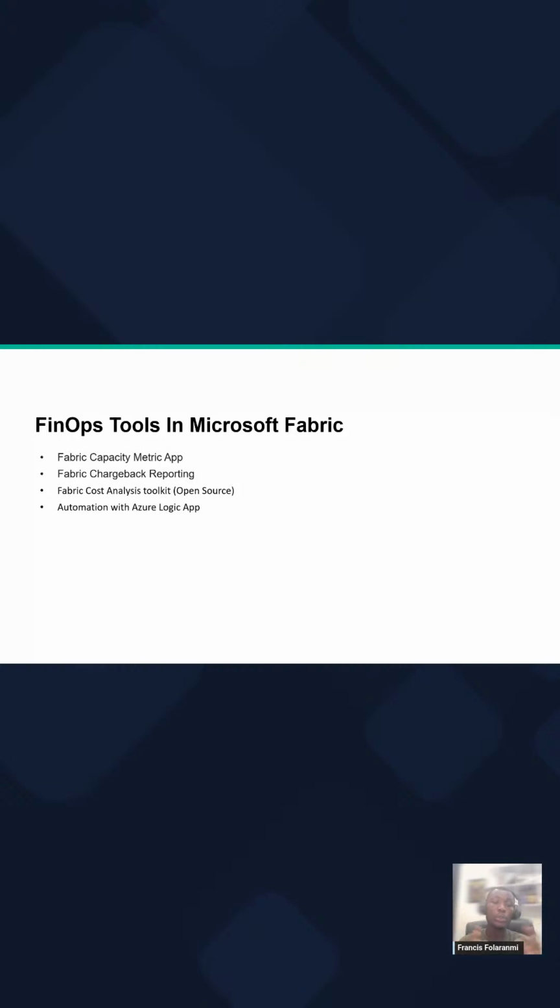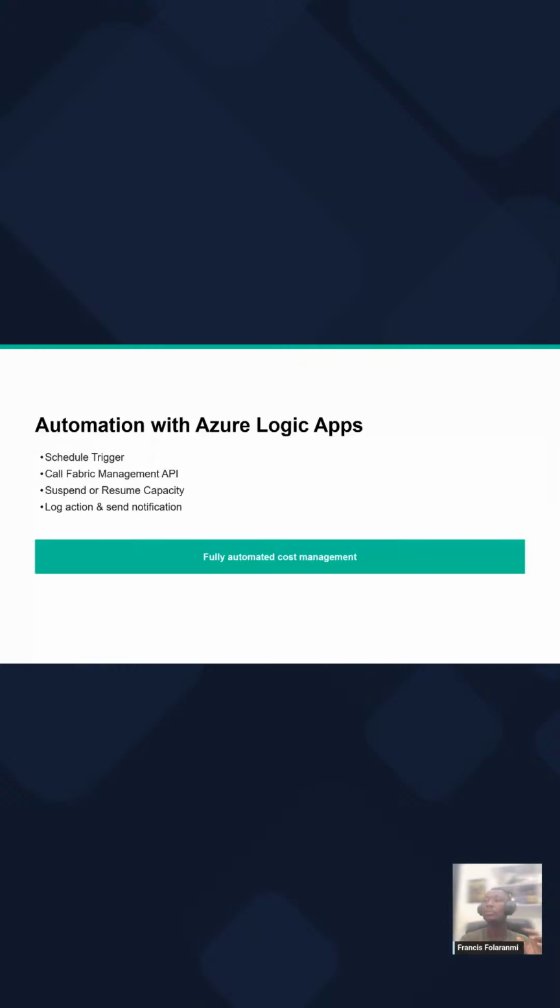Then you have an open source tool that has been developed by the Fabric CAT team, the Fabric Capacity Cost Analysis Toolkit, which is on GitHub, and then some automations that you can do instead of having to go into your Azure environment to pause and resume your capacity, or scale up and scale down. So these are some native tools that you can use to manage cost and ensure the business value of your Fabric environment is well utilized.